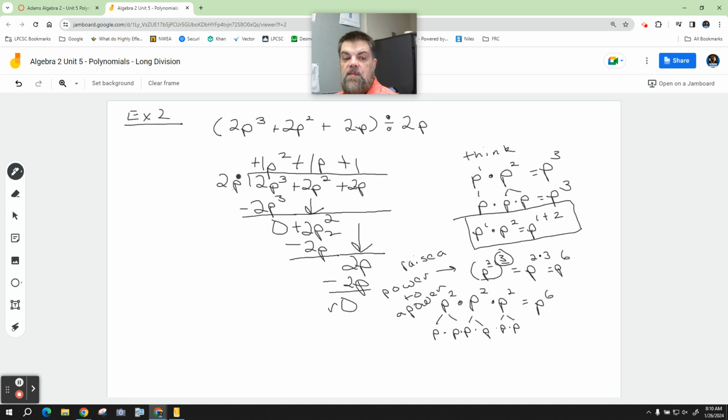So since I have a remainder of 0, the answer is literally this top thing. So really what we're saying is 2p times p squared plus p plus 1 is equal to 2p cubed plus 2p squared plus 2p.